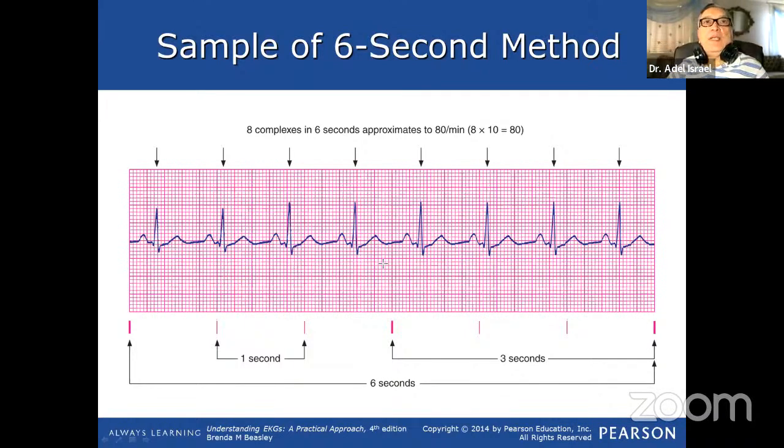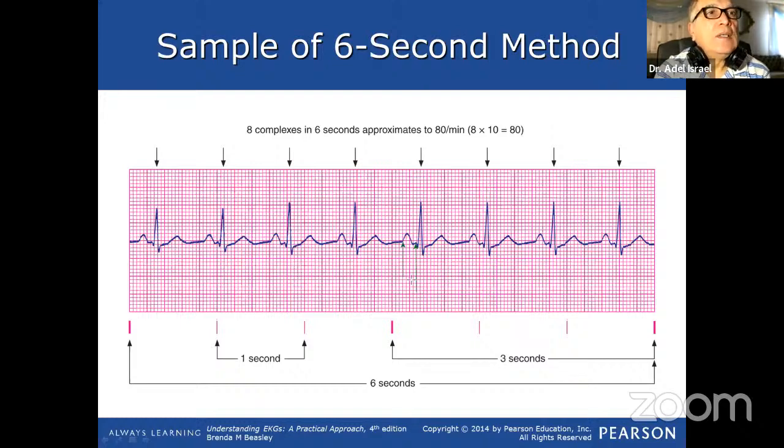Then we go to the PR interval. We mentioned that the PR interval starts from, let us make it a fine line, starting from here. This is the start of P, and here is the start of Q. So let us count; I need everyone to count with me.